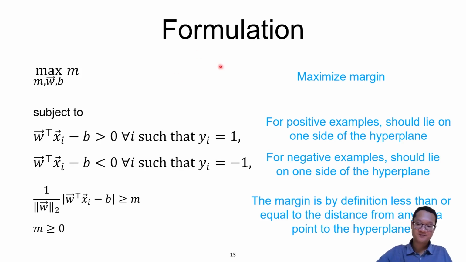So remember, on this page, we were basically talking about maximizing the margin subject to the different classes being on different sides of the decision boundary. And also, all of the data points should have a distance of at least a margin from the decision boundary. So that was this constraint here.